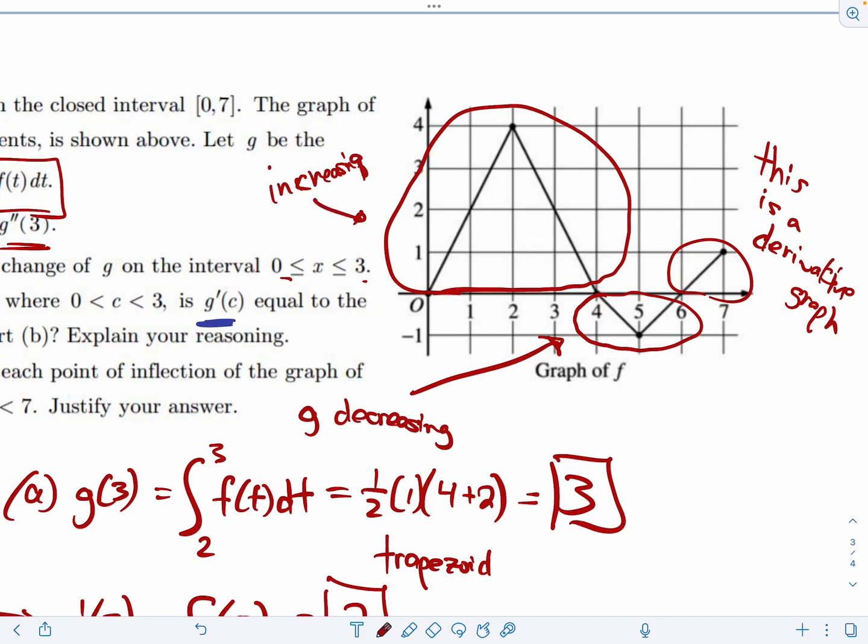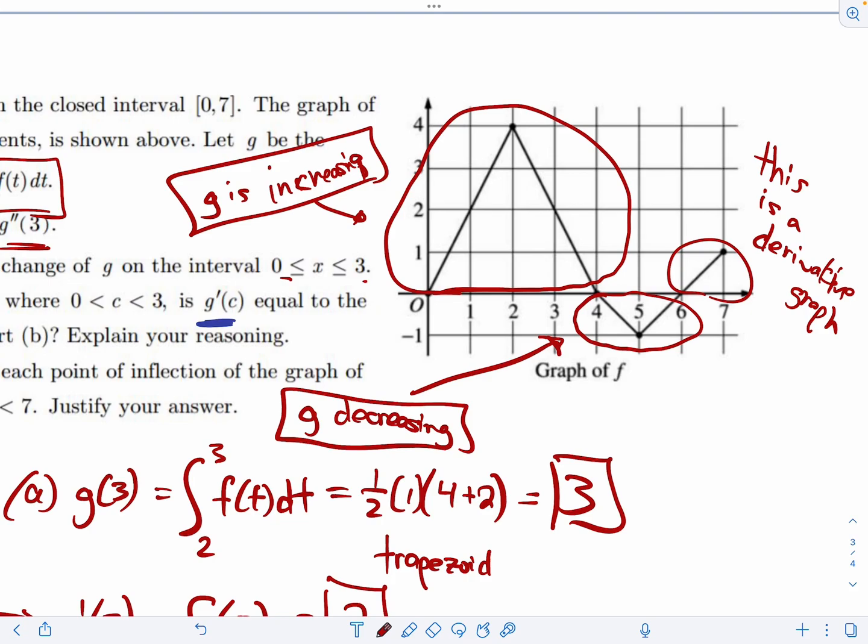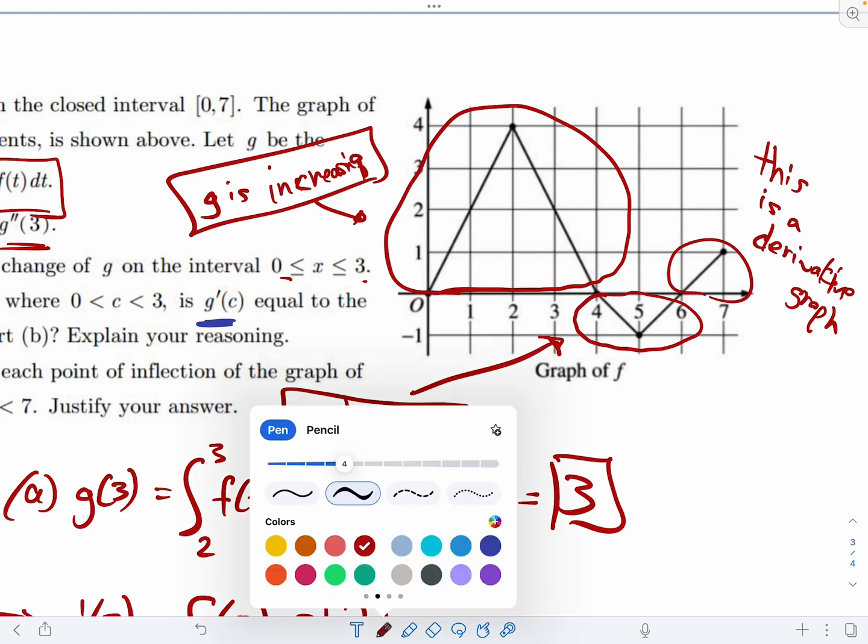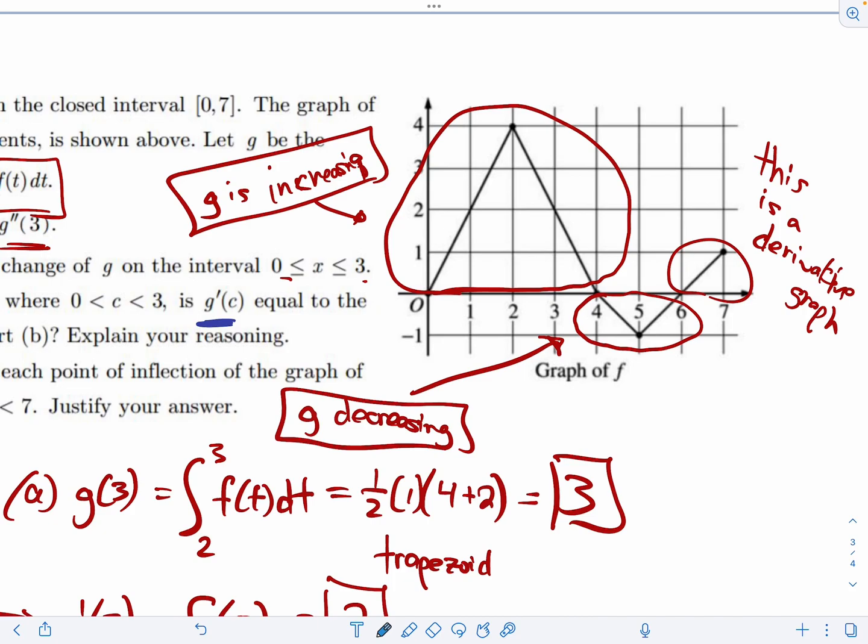That's where G is increasing, and where G is decreasing is where it's below the x-axis. The second layer that we want to look at is the second derivative test, or points of concavity. And that would be where the slope of tangent lines of this graph changes. So that means where the function, which is the derivative that we're looking at, changes from increasing to decreasing.